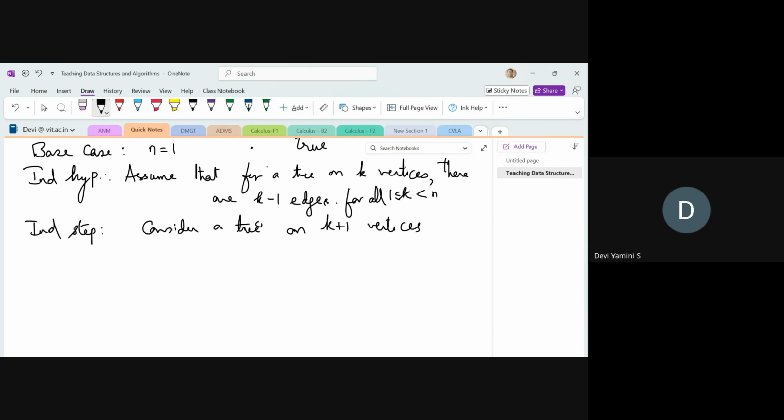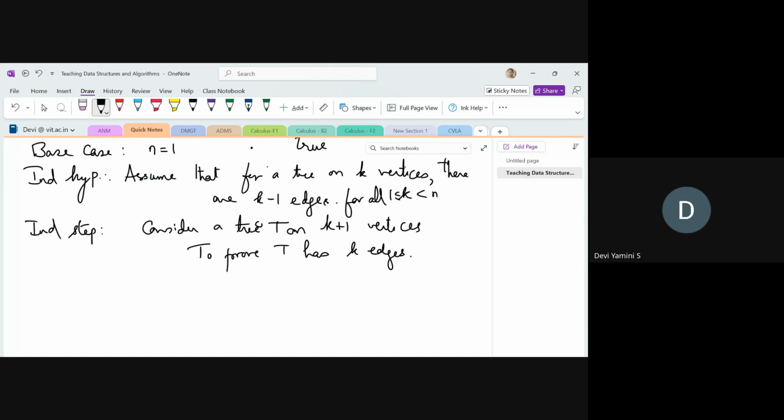So let me consider a tree on k plus 1 vertices. I should prove that this tree T has how many edges? k edges. To prove: T has k edges.